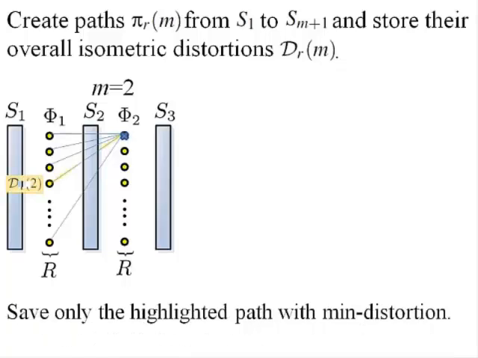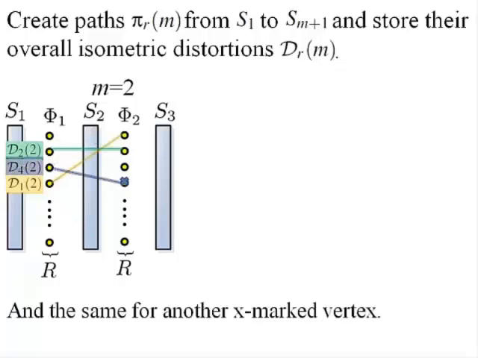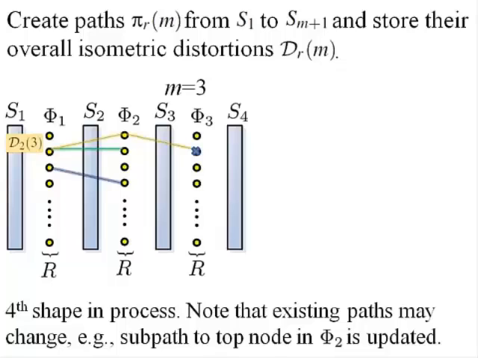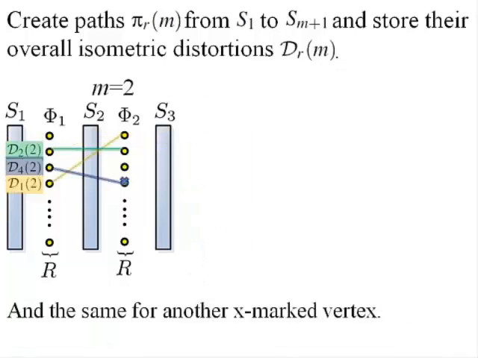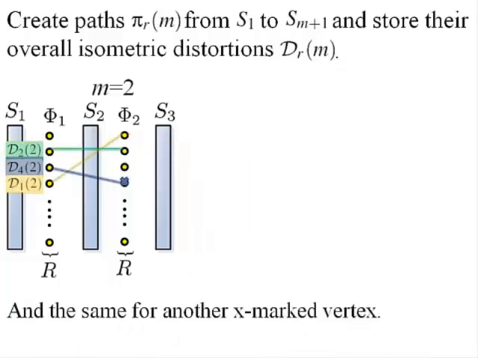And I also emphasize the best map among these, the minimum distortion one. I do it for this, and I emphasize the best one. Do it for this, and emphasize the best. Next shape comes. Here, the interesting thing to observe is the paths can change in this process. So the subpath coming to this one, for instance, changes as you can see.